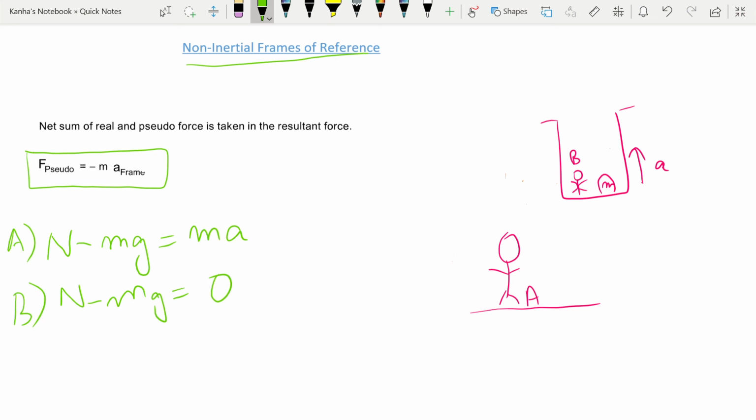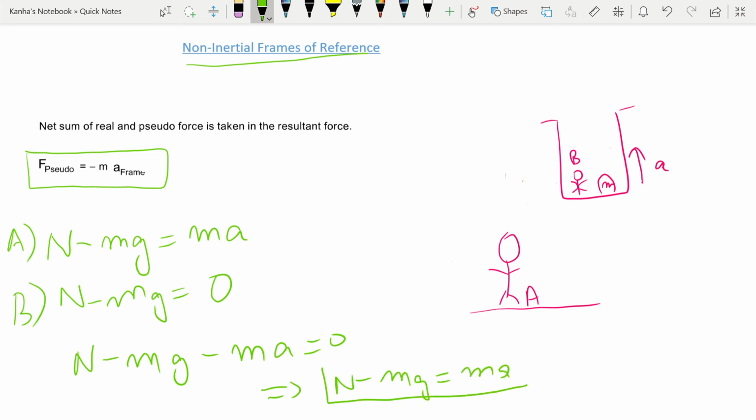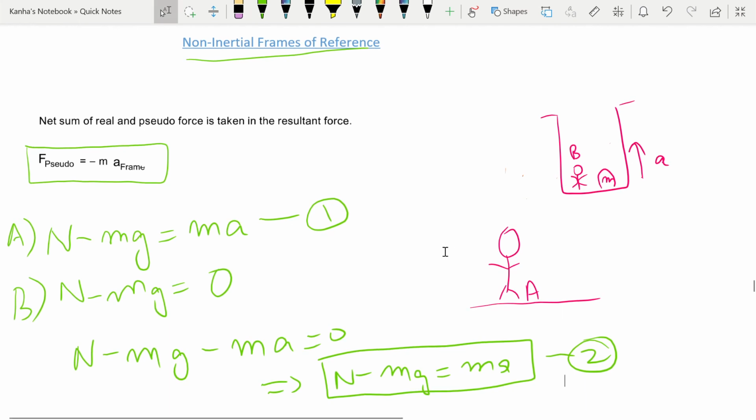How this works: if I add it to the observation that B has made, I have N minus mg minus ma equal to 0, which gives me N minus mg is equal to ma, which is what I had reported from the ground frame. So this is the basic idea. If you're already in a reference frame that is non-inertial or accelerating, then you need to subtract a value equal to mass times the acceleration of the frame in order to get the correct equations of motion.